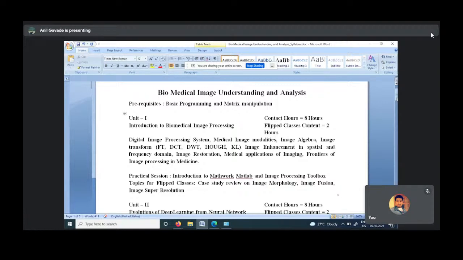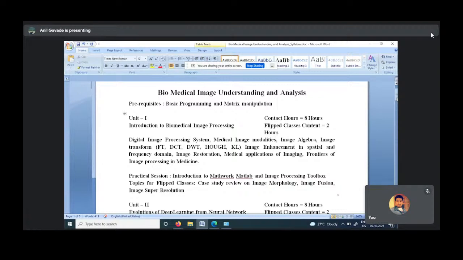Then we conclude this first chapter with the image. Also, we have another topic, restoration. Any degraded image we can reconstruct; it is a reverse or inverse process. Then medical applications of imaging, then the frontier of image processing in medicine.